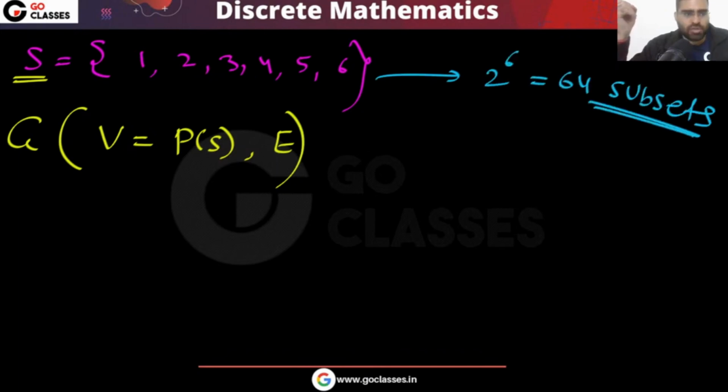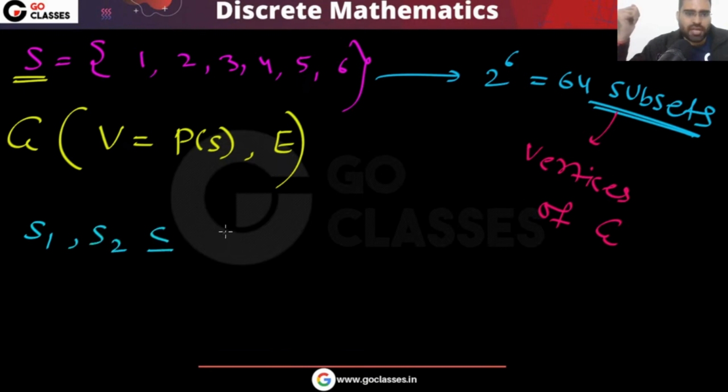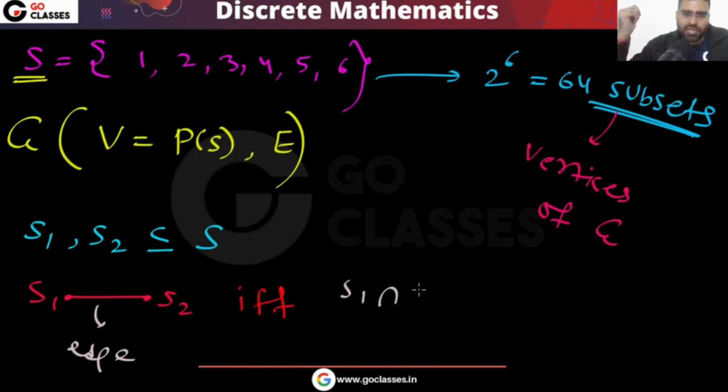All these subsets are the vertices of G. Now the question is saying that if you have 2 vertices, for example S1 comma S2, which are subsets of S, then between S1 and S2 there is an edge if and only if S1 intersection S2 has exactly 2 common elements.